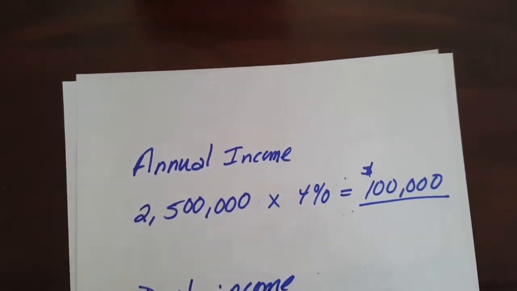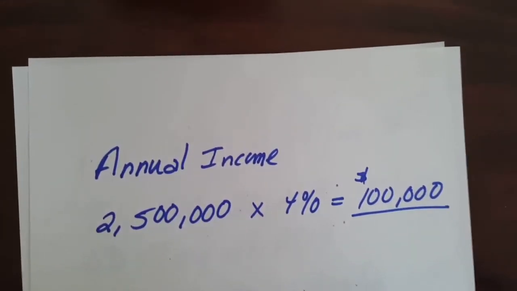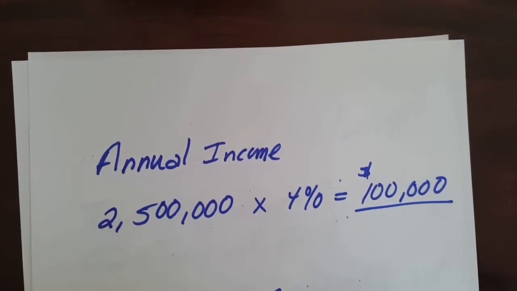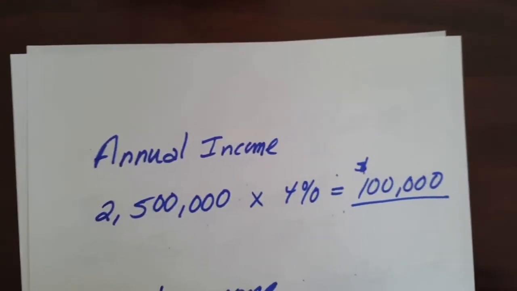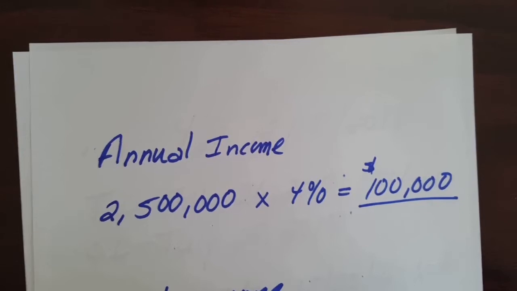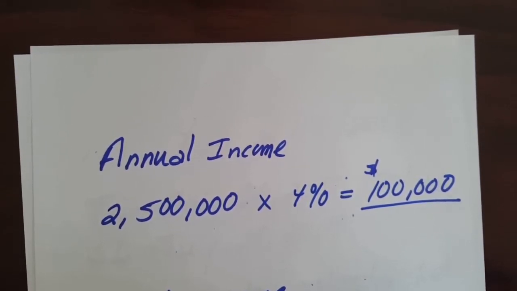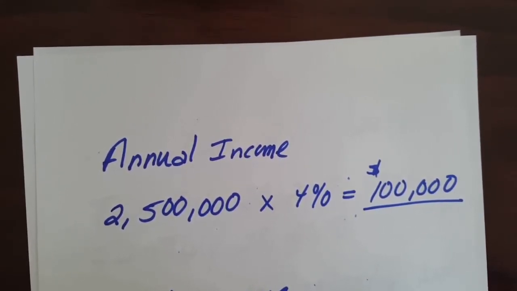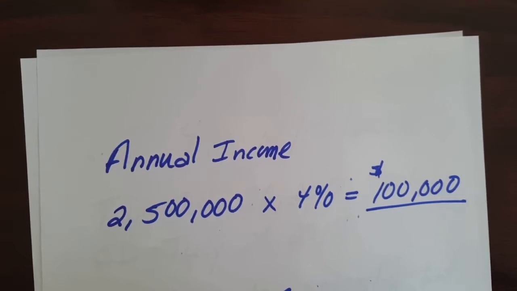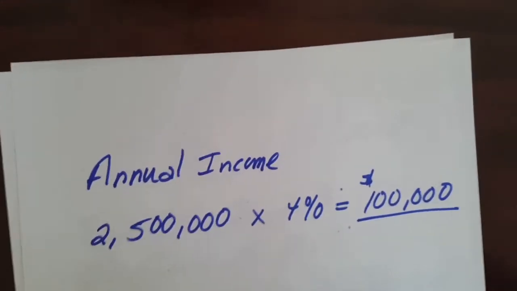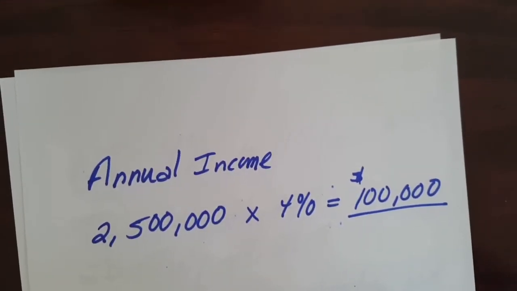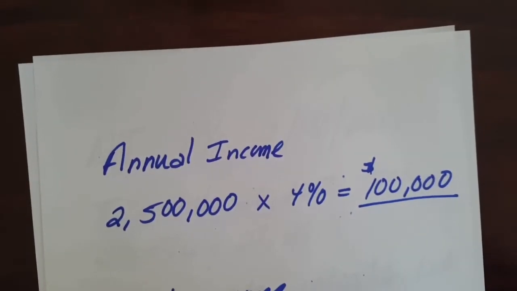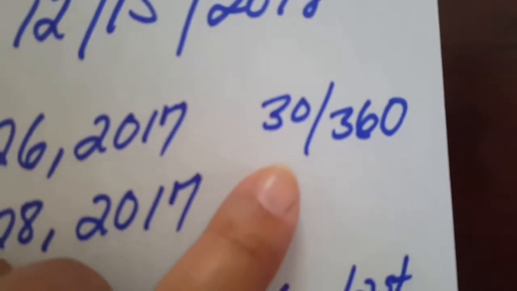Now, obviously, as we've mentioned in class, we do not want to hit our fund with $100,000. Okay, so what we do is we accrue gradually every single day, and what we use to do this daily income calculation is use the accrual method of the bond. So in this case, it happens to be the 30/360 accrual method.